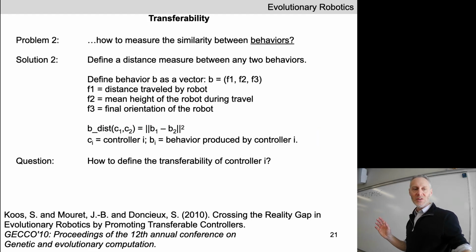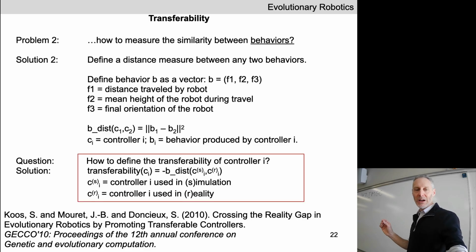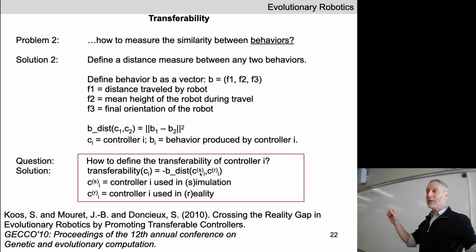We're going to use this behavioral distance to define the transferability of controller I, which is: take controller I and get the behavioral features produced when you run controller I in simulation.